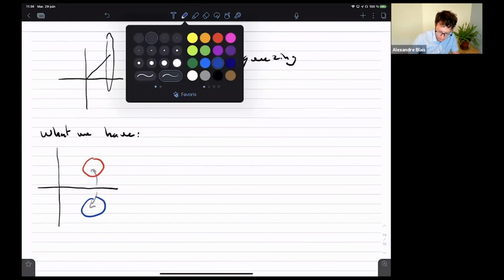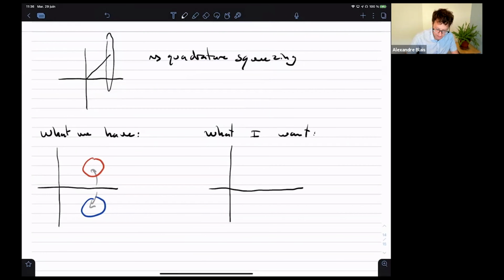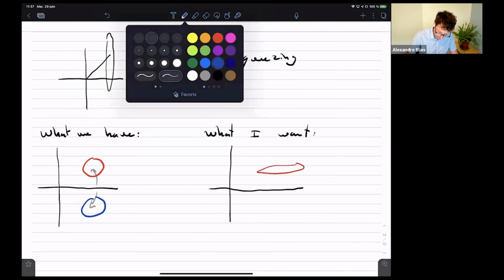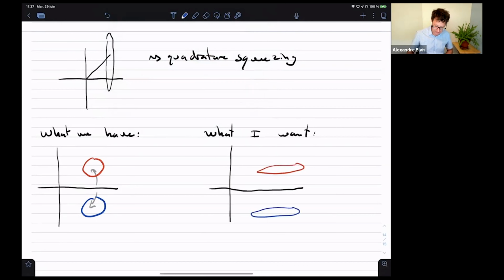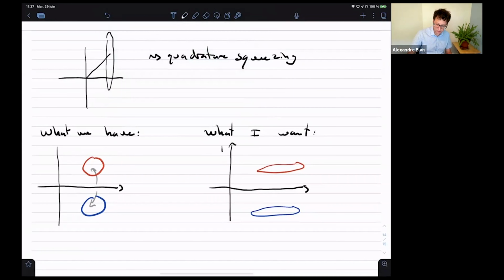Now what I want is to maximize the signal to noise ratio. There's a simple way to do that: I can maximize the signal to noise ratio without changing the signal, simply by changing the noise. I could imagine, for example, squeezing along the P quadrature. In this case, that's great. I've improved the SNR by squeezing the noise in the P quadrature. So this is what we want.